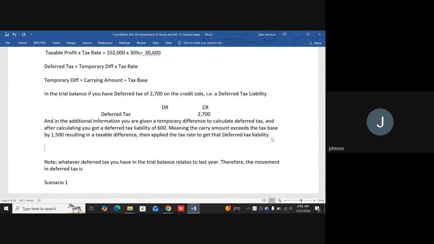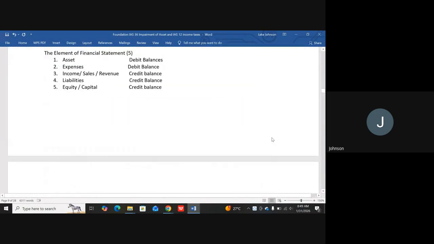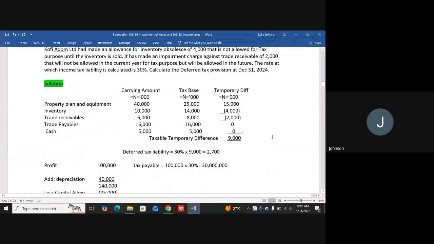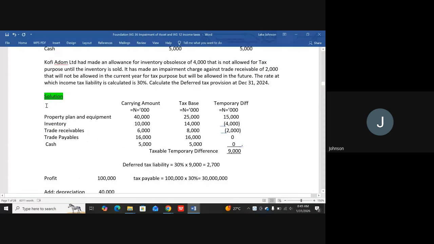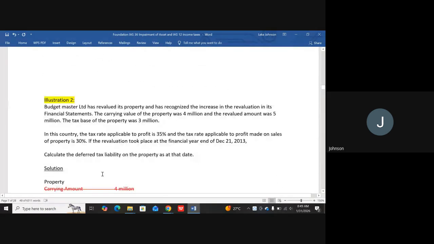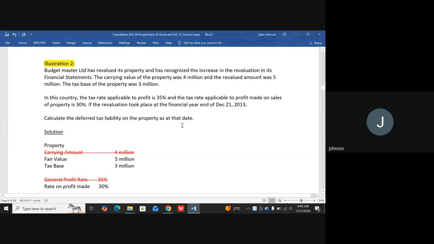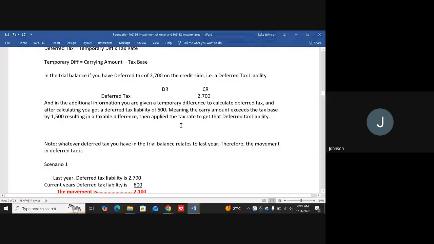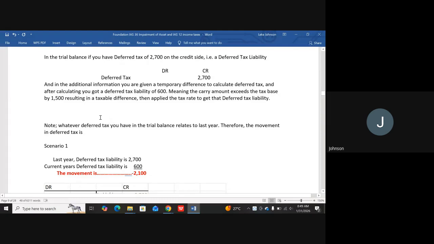Remember, you're going to be given something like this. You're going to have the carrying amount, and you're also going to have something like this. Let's go up and copy something to make it easier for us. Let me copy this, and come right over here, in between this question.